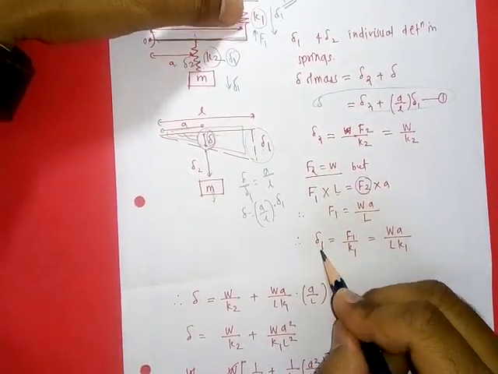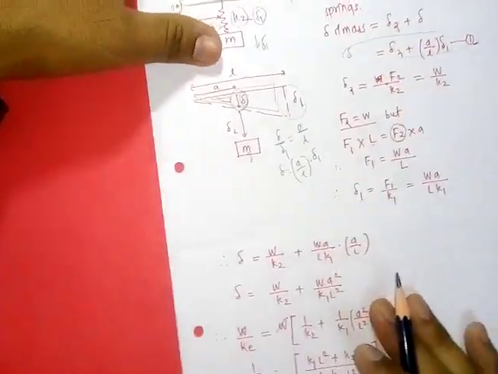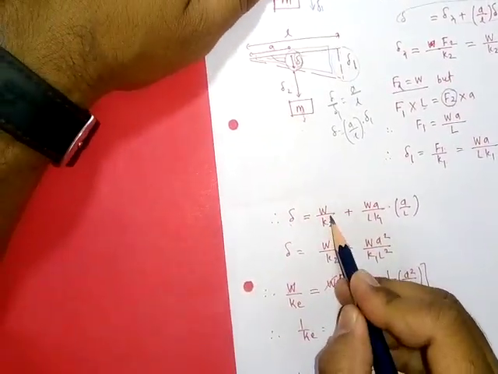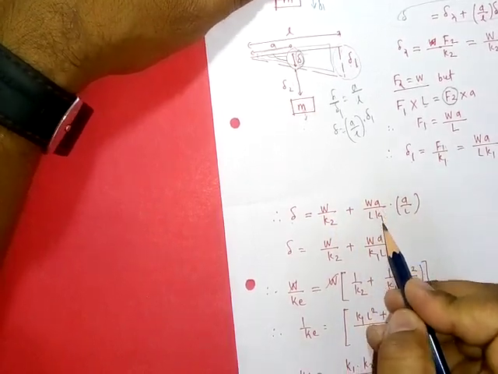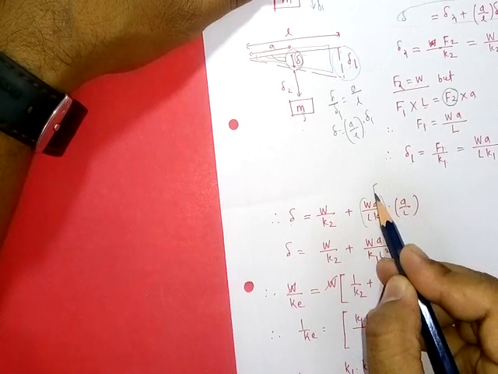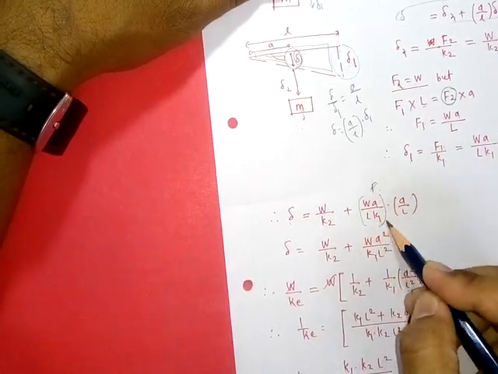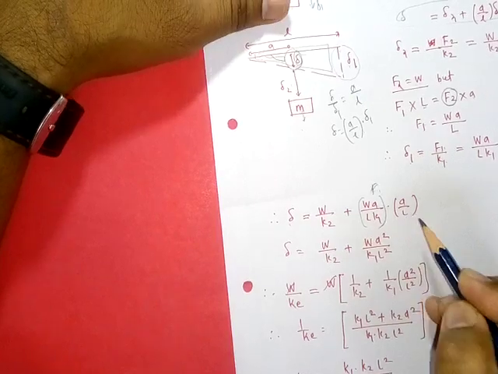Now putting del 1 and del 2 values in equation 1, we get del is equal to W upon K2 plus W a upon L K1, into a upon L.